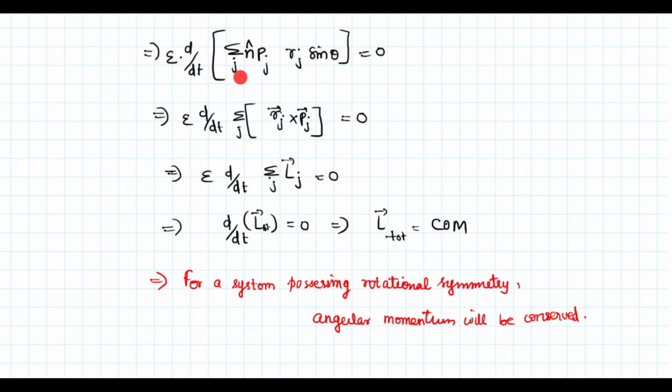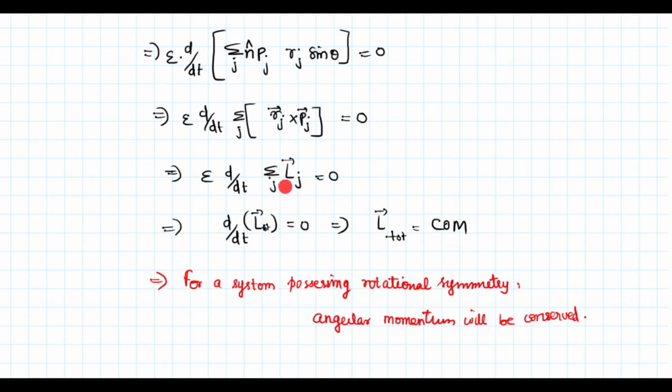Here also we have taken the epsilon outside this bracket, outside the time derivative, because it does not depend on time. So we have epsilon into d/dt of summation over j Rj cross Pj equal to 0. Now what is this Rj cross Pj? It is Lj, the angular momentum of the jth particle. So finally you have epsilon into d/dt of summation over j Lj equal to 0.